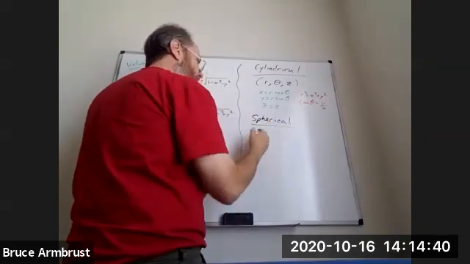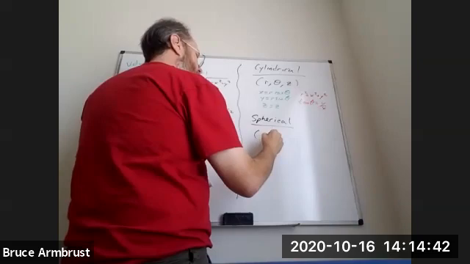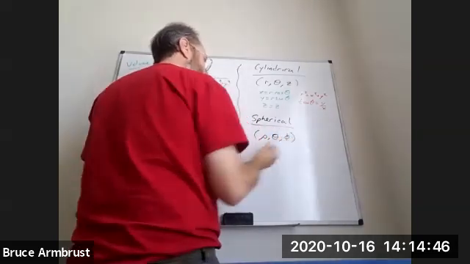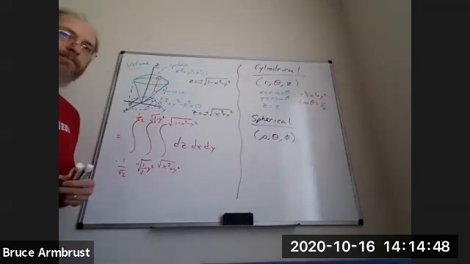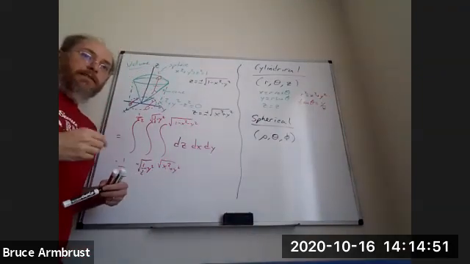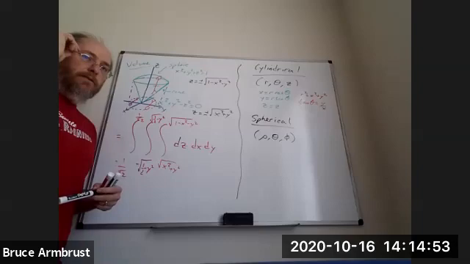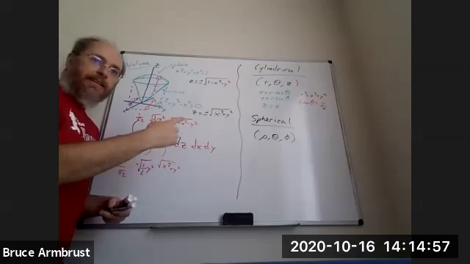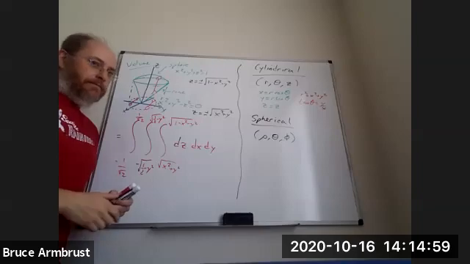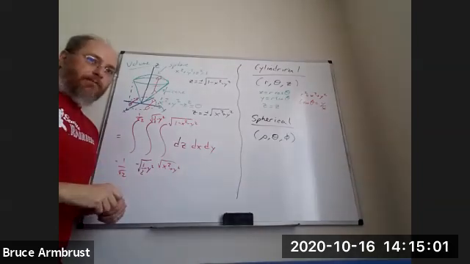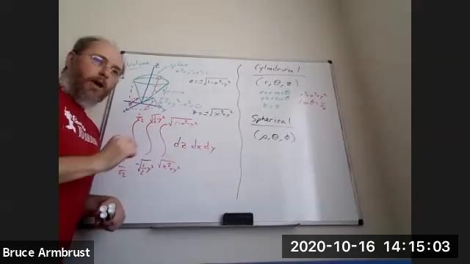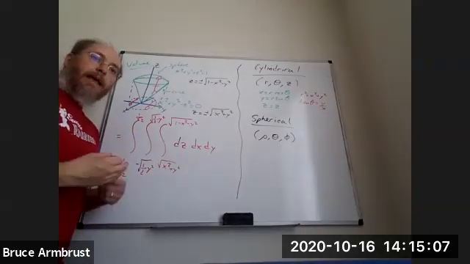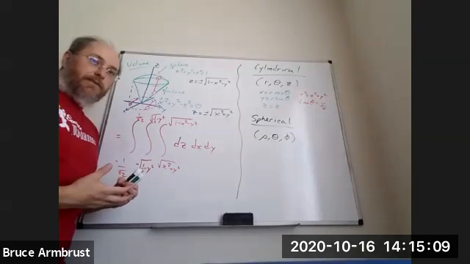And in spherical, what we've got is a rho, a theta, and a phi. So this is one distance and two angles. Theta is the same theta as from polar. Rho is your distance from the origin, and this is a three-dimensional distance, right?